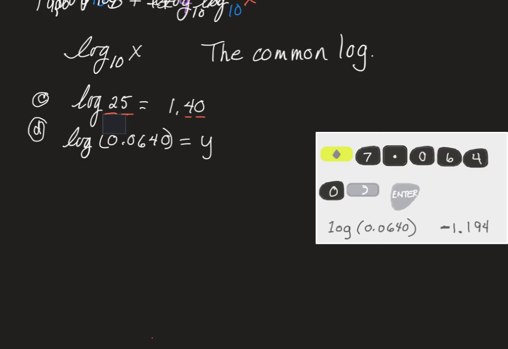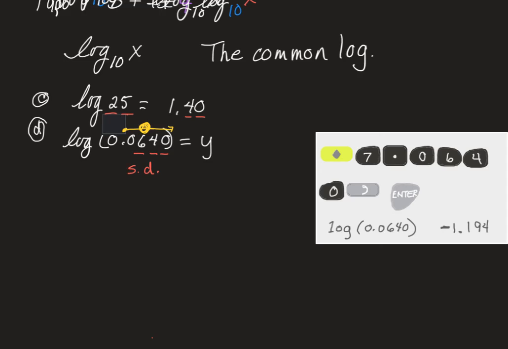The last 0 here is not actually needed by your calculator, but I think it's a good idea for you to put it in because it's a reminder that yes, all three of those, the 6, the 4, and the 0, are significant digits. Remember that the decimal is present, so you start counting from the Pacific Ocean, and as soon as you hit a non-zero number, you start counting and you go all the way to the end.